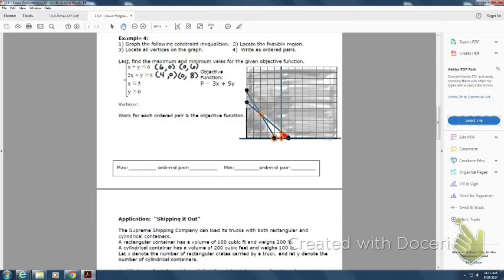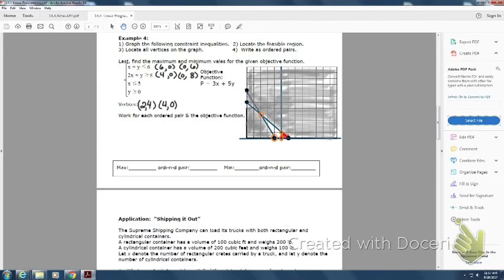Zoe, give me 2 of those vertices. 2, 3, okay, and 4, 0. Awesome. Oh, yeah. 2, 3 or 2, 4. Sorry, 2, 4.